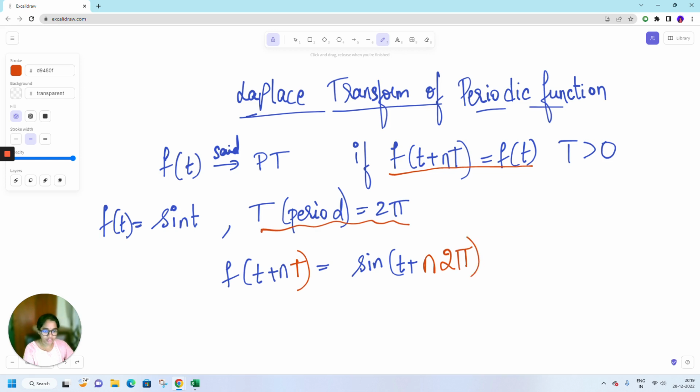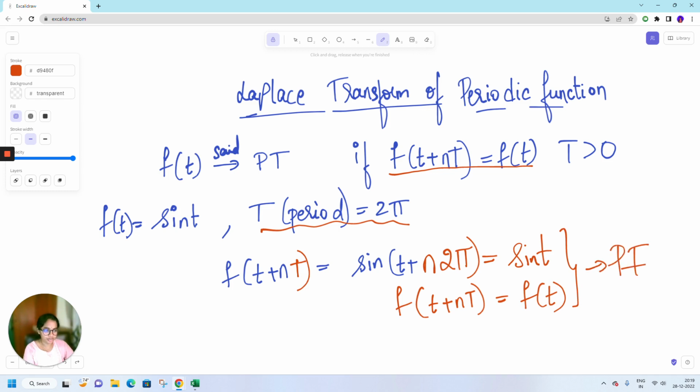What is sine of t plus 2n pi? It is sine t itself. So here clearly f of t plus nT is equal to f of t. So this is a periodic function.